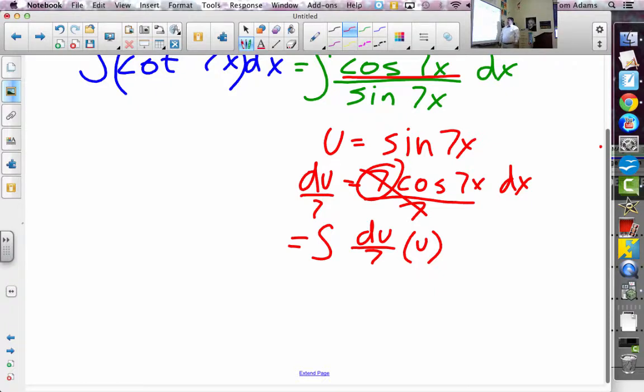So what happened to the sine of 7x? That's just the bottom. That's just u. Oh, okay, I see. Actually, it's 1 over u, right? I'm trying to do two things at once. So that's actually 1 over u, because sine is on the bottom.